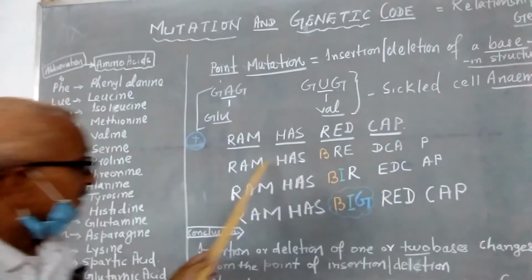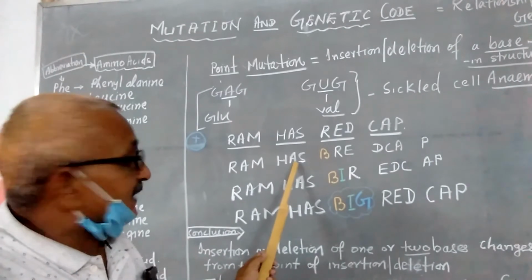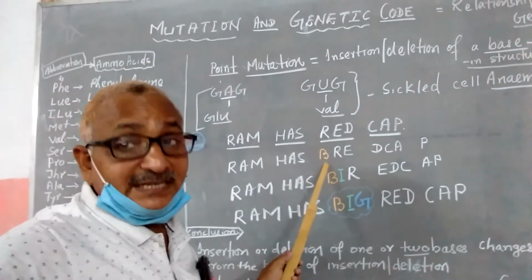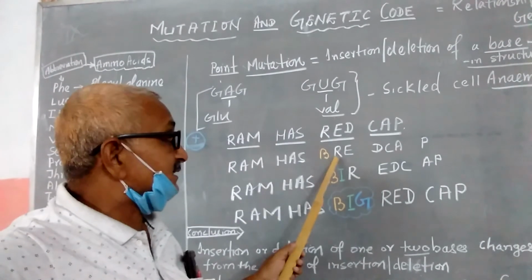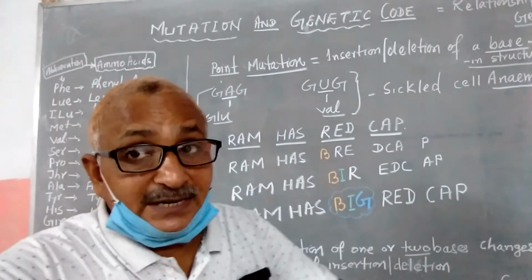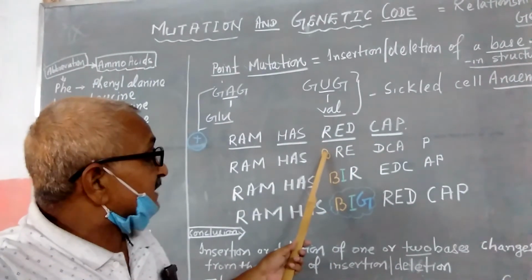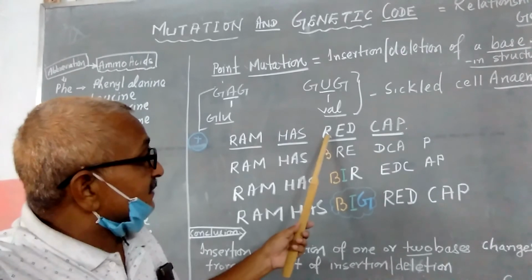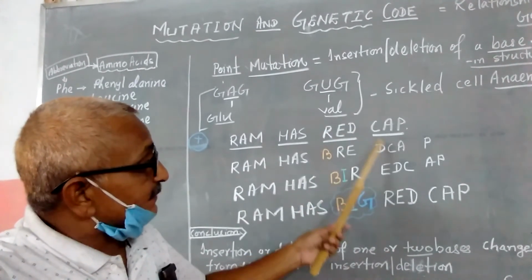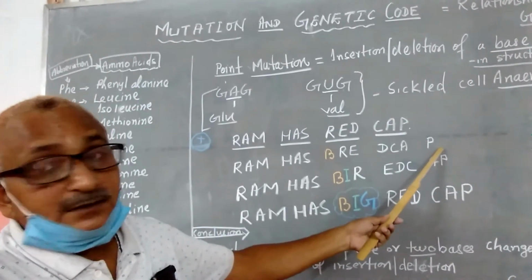Now what is happening, one by one: here Ram had no problem, but after that, suppose the letter B is added. B is a base. So B is added here. Since the codon is a triplet, everything is set in groups of 3. After B, R E comes here, and D is replaced with D, C, A, and P moves forward.